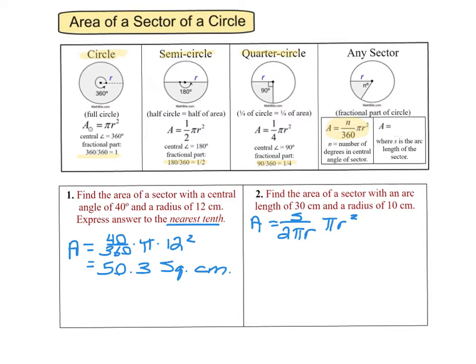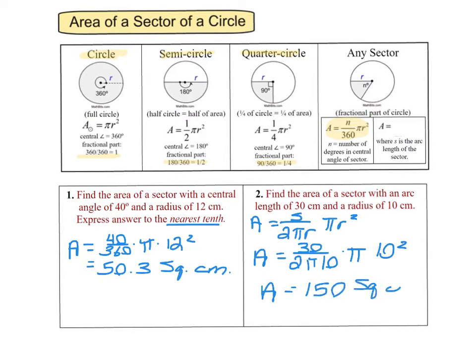S is your arc length, so my arc length was 30, and then 2 pi, and my radius is 10, and then pi 10 squared. When you plug that all in your calculator, you end up with 150 square centimeters.